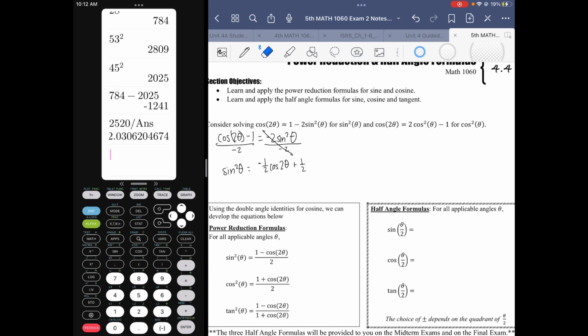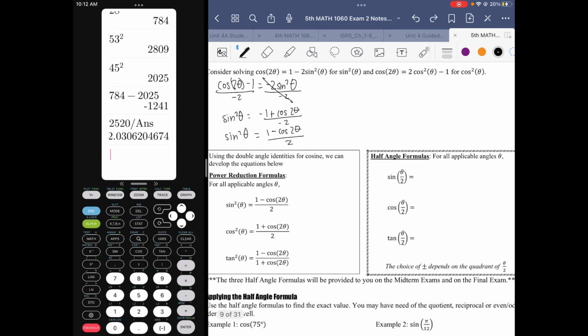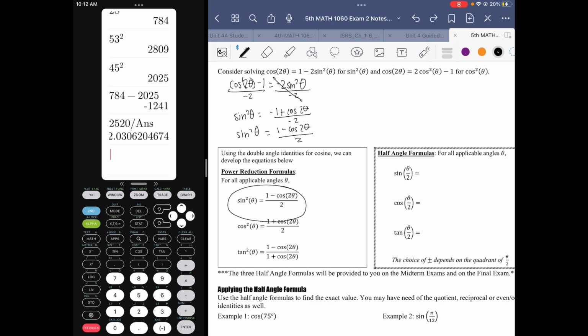Or, if you leave it as a big ol' fraction, you actually end up with negative 1 plus the cosine of 2 theta over negative 2. And of course, we can pull those negatives out. So we can actually say sine squared of theta equals 1 minus the cosine of 2 theta over a positive 2. Okay, so this, what we just did, is the basis for this. You just proved it.